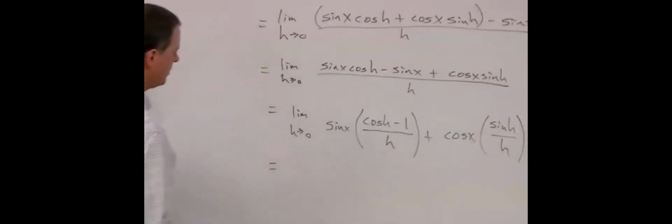So I put my h under two different fractions. On this one I have cosine of h minus 1 once I factor out the sine. On this one, once I factor out the cosine, I just have sine of h over h. Now, why would I do all that? Well, let's see.